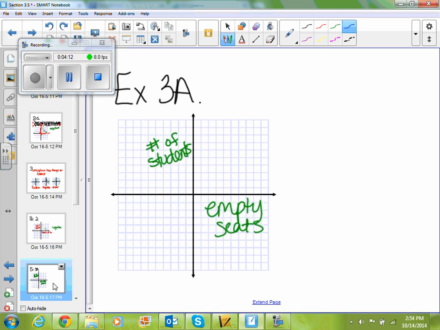Okay, so if I have a lot of students, how many empty seats do I have? Not very many, right? If a lot of students, not very many empty seats. Okay, what about if I have a lot of empty seats? What does that tell me about my number of students? It's low, right? And so I know that my points are going to fall somewhere in this range, going down because I started high and then I ended down. So what type of correlation is that? Negative. The more students, the fewer empty seats.